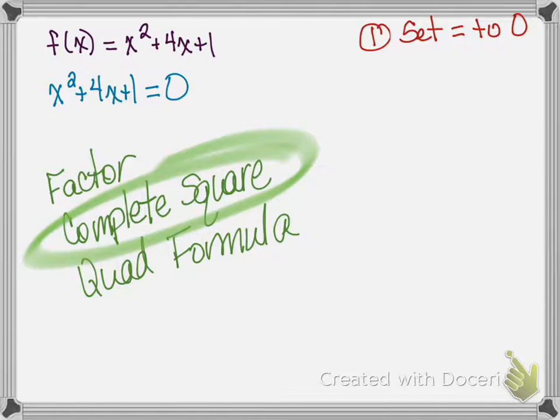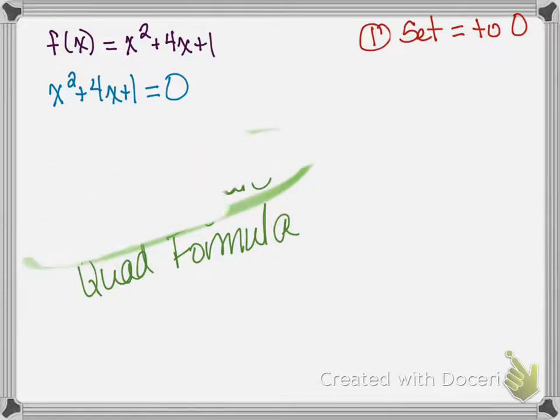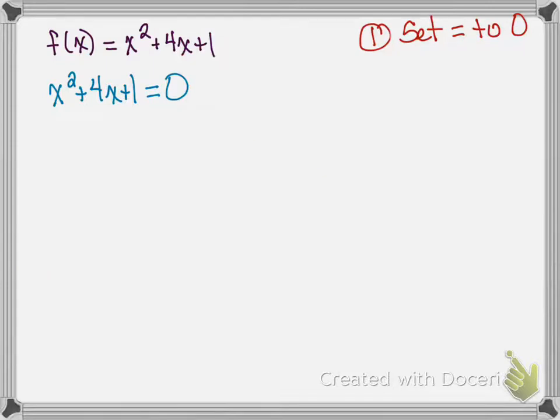Okay? So, in order to complete the square here, I've got it set equal to 0, because you got to set it equal to 0 just to figure out what you want to do. Then, my next step, okay, this is ax squared plus bx plus c. C is a constant.